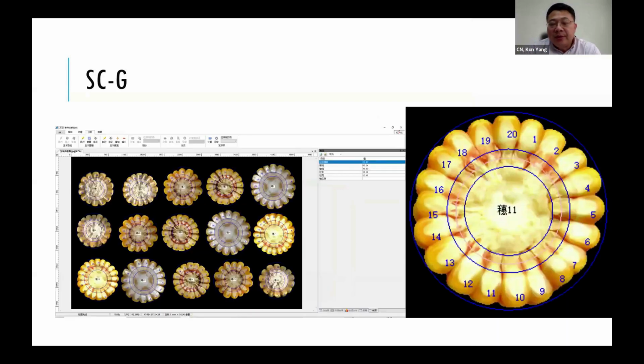Next. And this is another slide to show how to measure how many rows of kernels, and also some width and length of the kernel. Next.